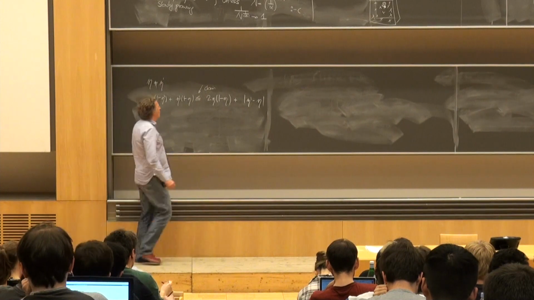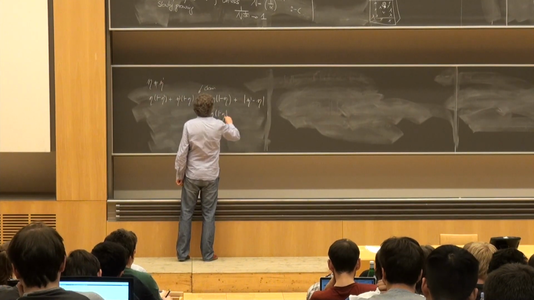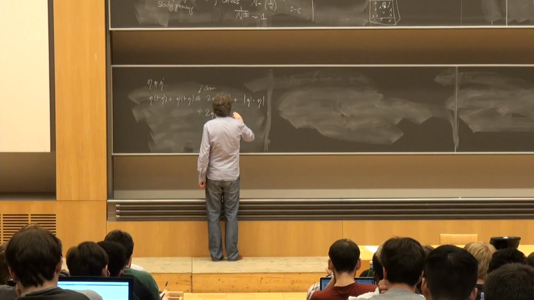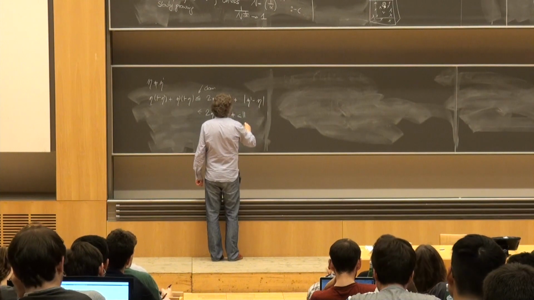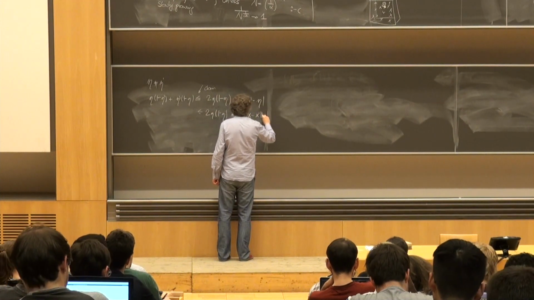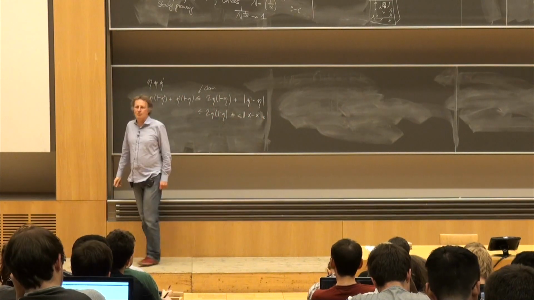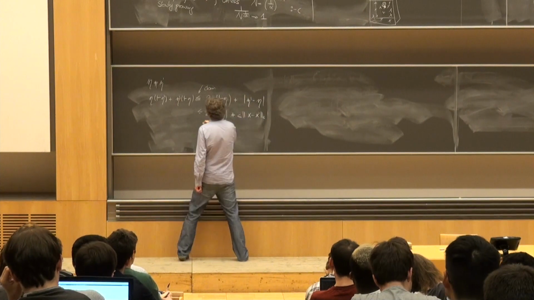And so the idea will be that this is 2 times eta, 1 minus eta, plus, and now if this is a function of x minus x prime, I use my Lipschitz condition here.